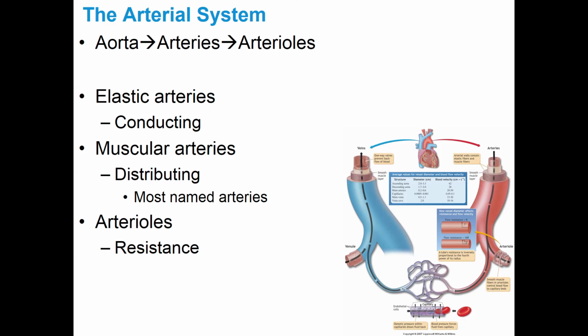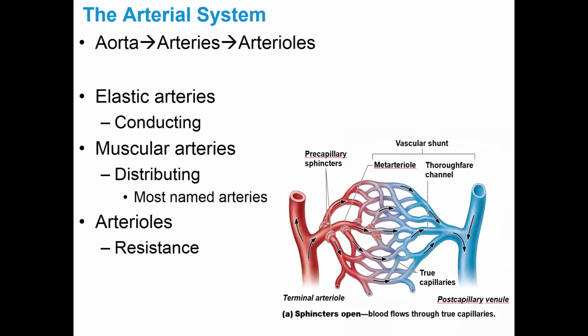And so you can see there, one of the primary jobs of the arterioles is to provide resistance to blood flow. So while the muscular arteries can play some role in vasoconstriction, vasodilation, it's actually the arterioles that do most of the heavy lifting on that, of directing blood flow away from certain capillary beds.